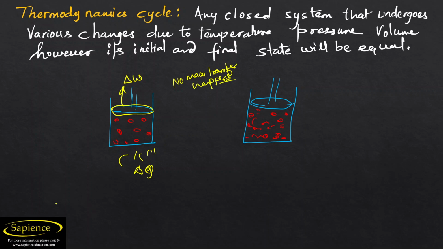So at this stage there is a pressure P1, volume V1, temperature T1, and internal energy U1. At this stage also we have pressure P2, volume V2, temperature T2 and internal energy U2.